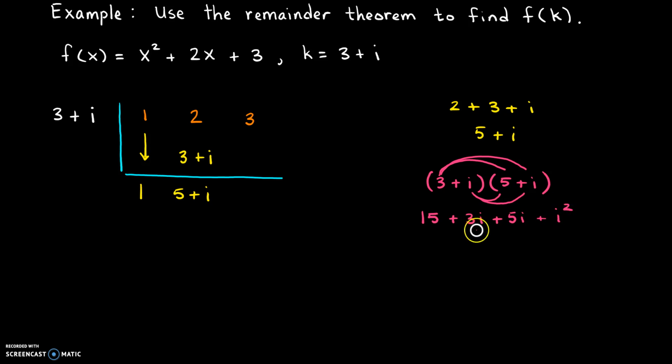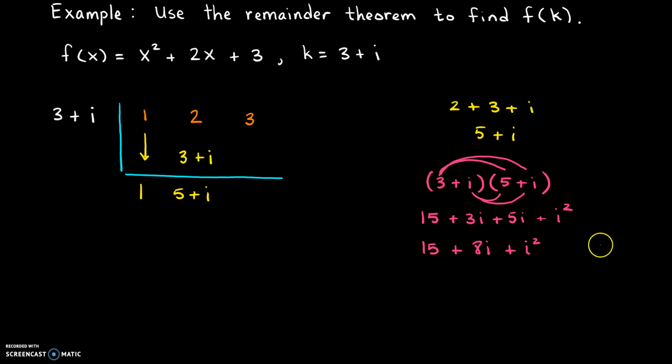Now I'm going to combine like terms. For example, I have 3i plus 5i, so this gives me 15 plus 8i plus i squared. There's one thing you have to remember from chapter 1 at the very beginning of the semester, when we discussed complex numbers: we had a definition that said i squared was equal to negative 1.